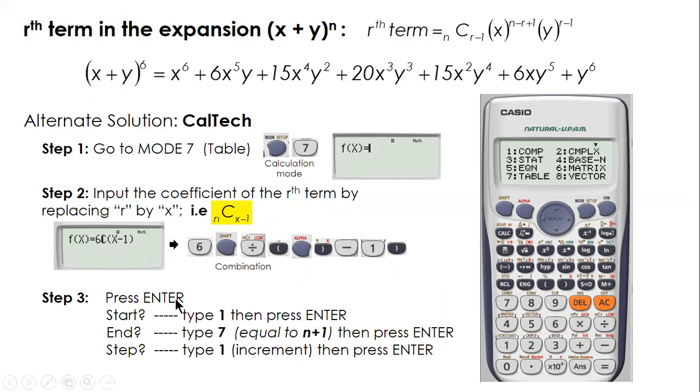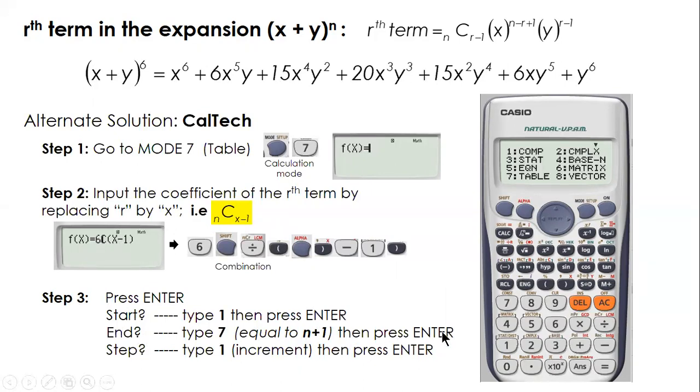Press enter. What appears on the screen is start, question mark. Where to start? You type 1, meaning you start with the first term. And then press enter. End, question mark. You type 7, because there are 7 terms, or simply n plus 1.